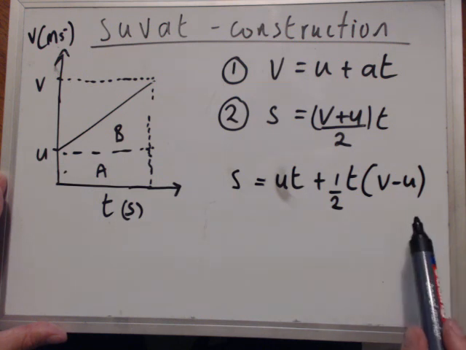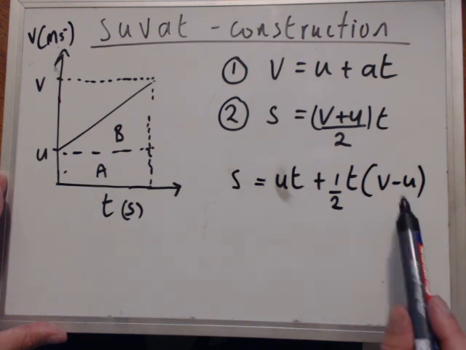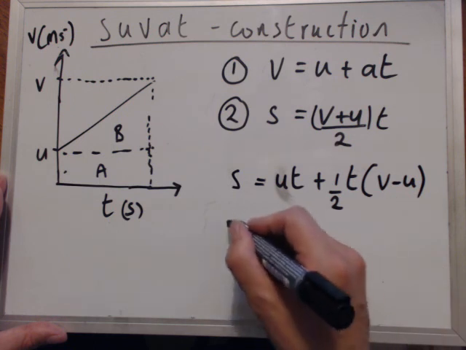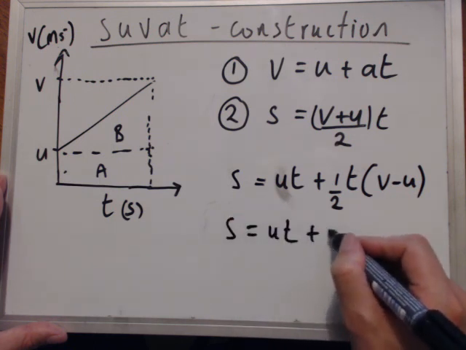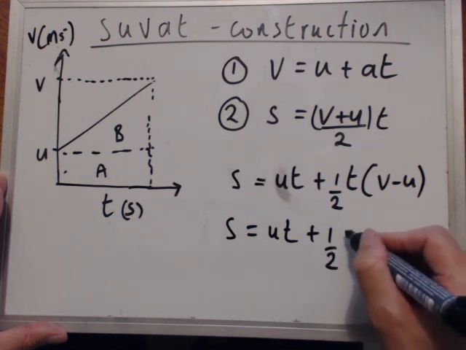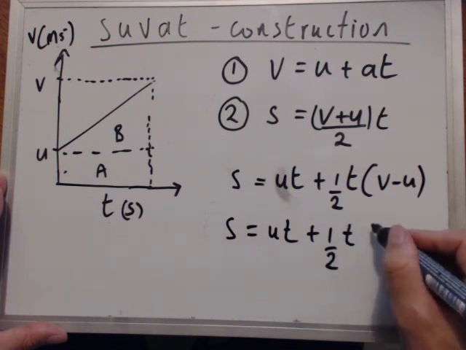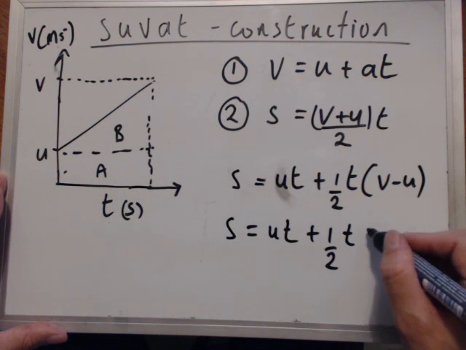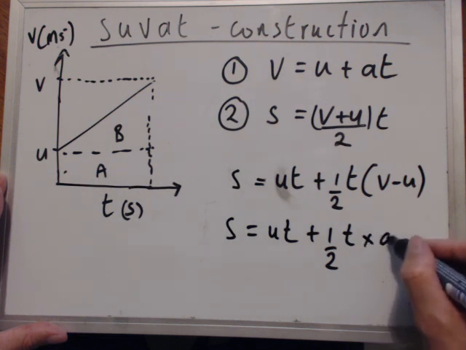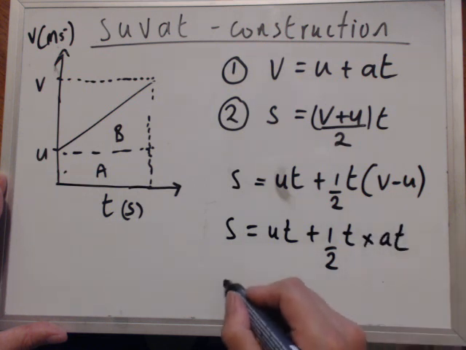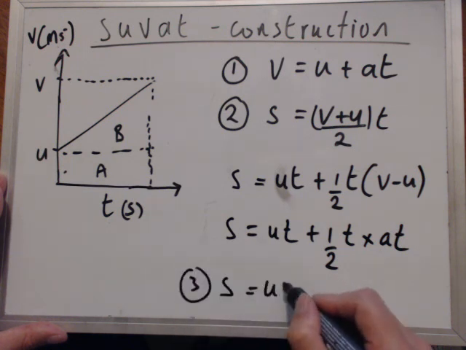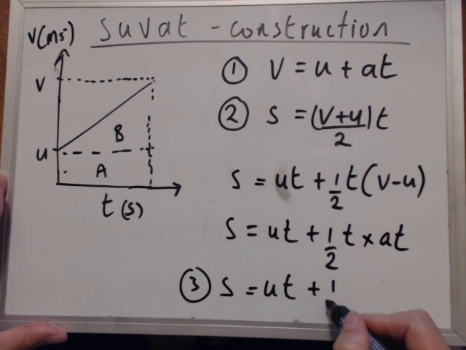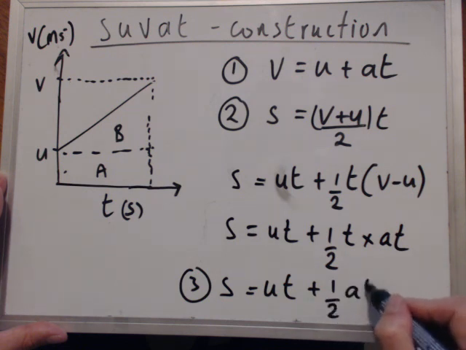Now, from earlier, v minus u is equal to at, so therefore displacement equals ut plus a half times time times acceleration times time, which will give us a third equation, s equals ut plus a half at squared.